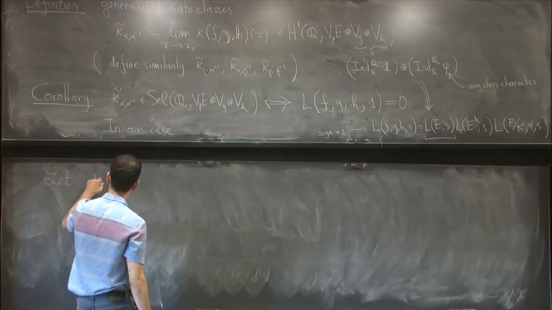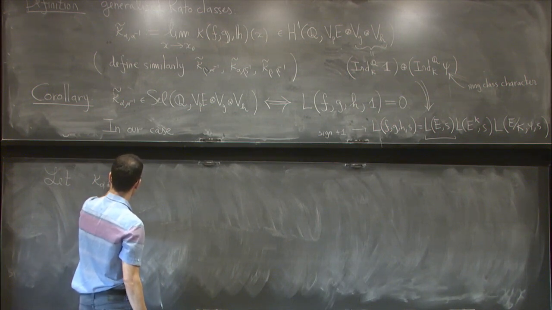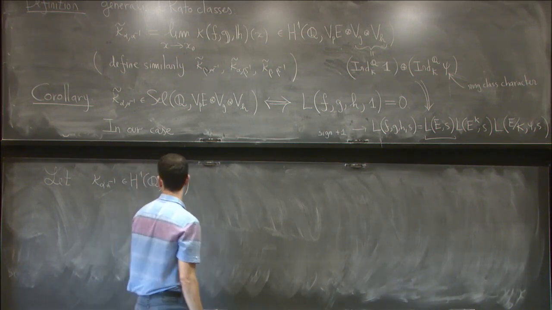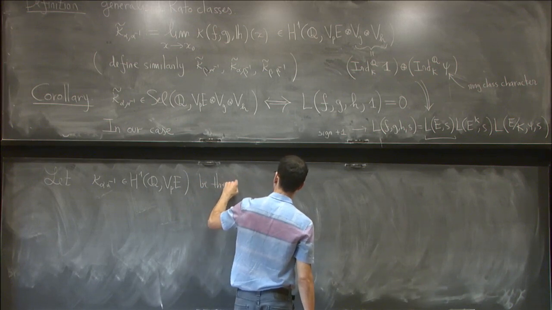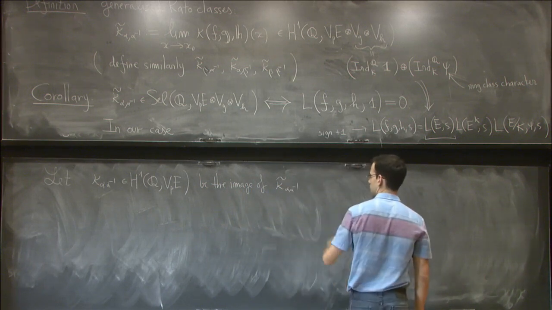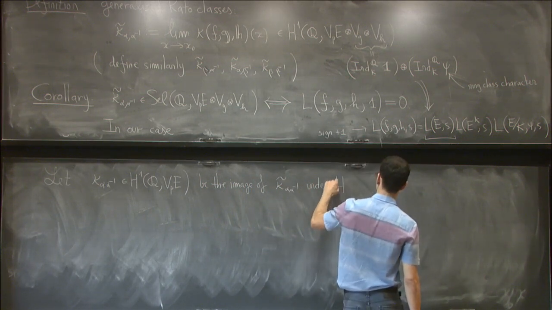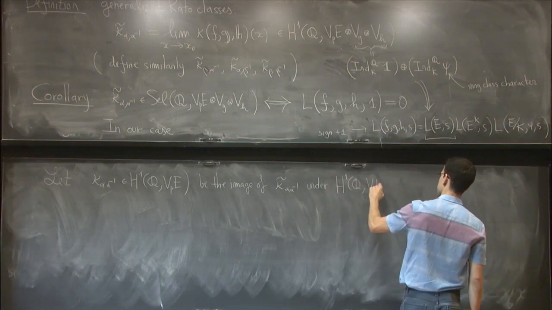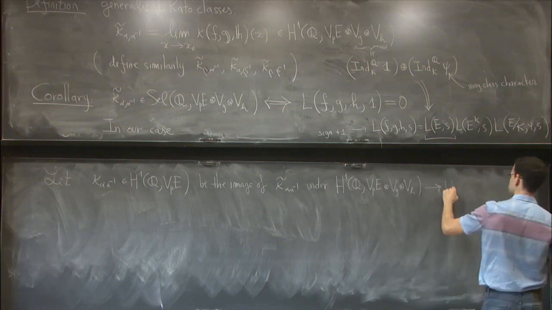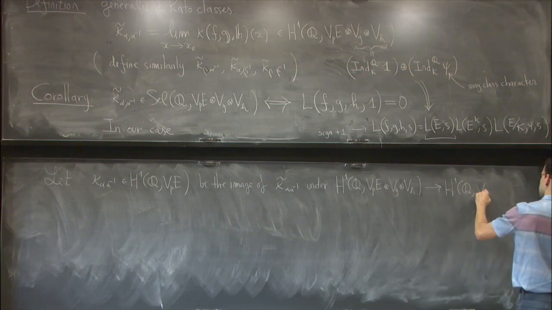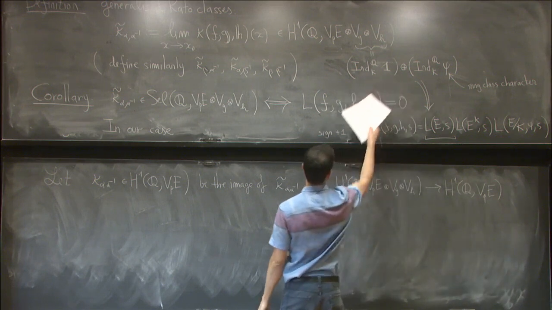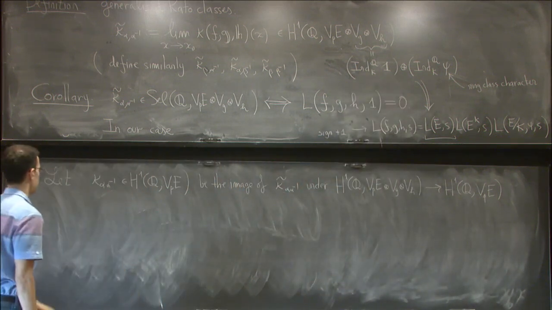Okay, so I let kappa alpha inverse in H1(Q, V_p(E)) be the image of this kappa twiddle under this projection. This will correspond to the fixed point under the action of complex conjugation of H1 over K.